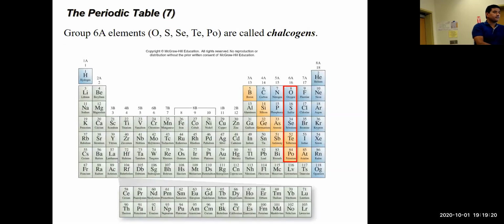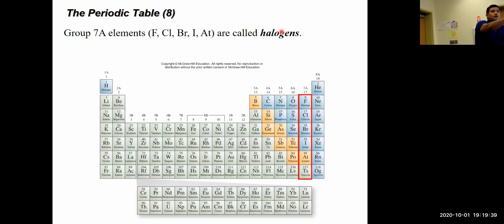These all have similar chemical and physical properties, and alkaline earth metals is their general name. Group 6A is popularly known as the chalcogens. It contains oxygen, sulfur, selenium, tellurium, and polonium, and there are more as well.